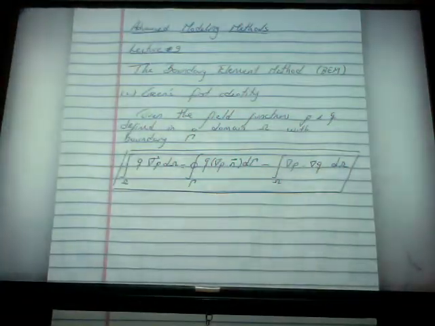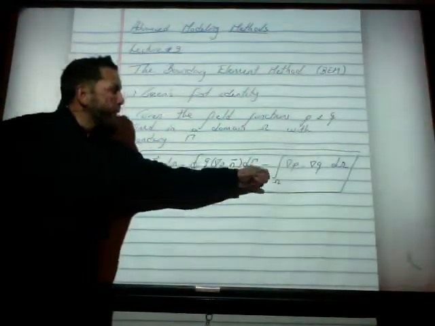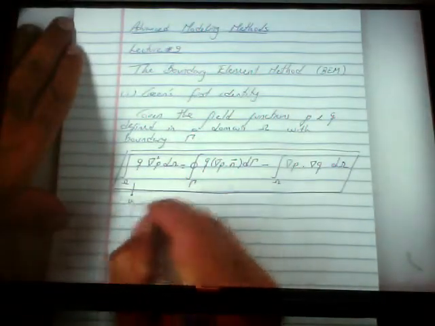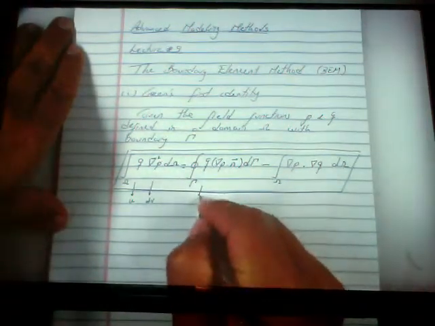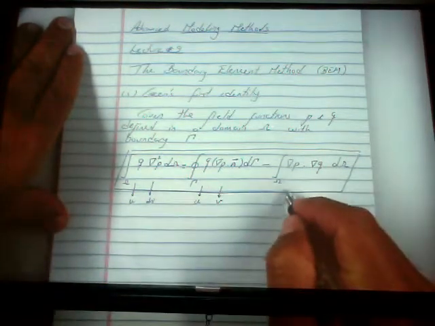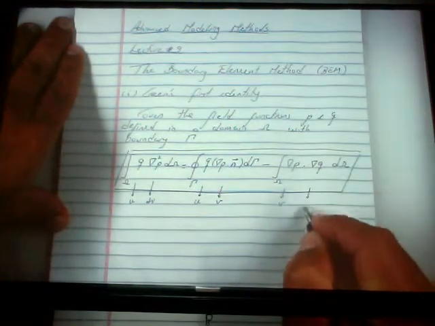And if you look at it closely, it is nothing more than just integration by parts. It's just integration by parts in space. This is the integral of u dv is equal to u times v minus the integral of v du. If you identify this as u, this as dv, so the integral of u dv is equal to u times the integral of dv, which is v, minus the integral of v du.